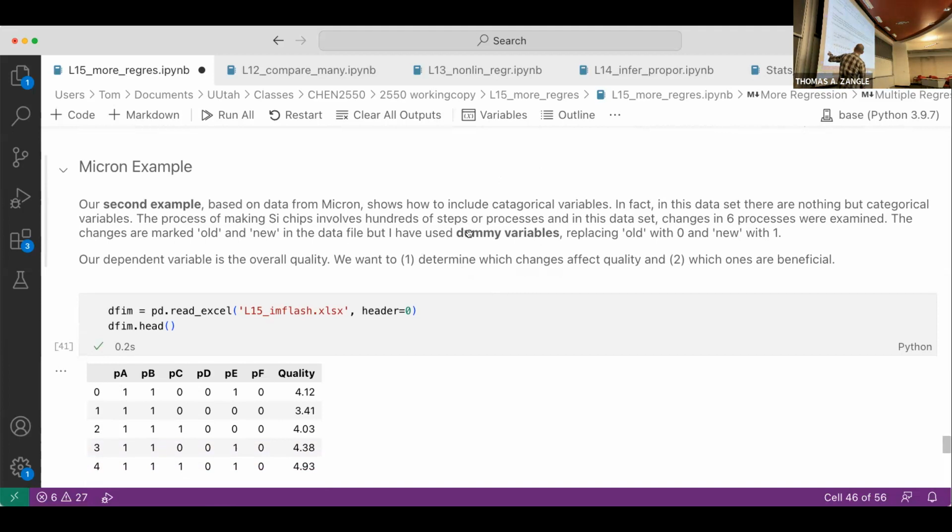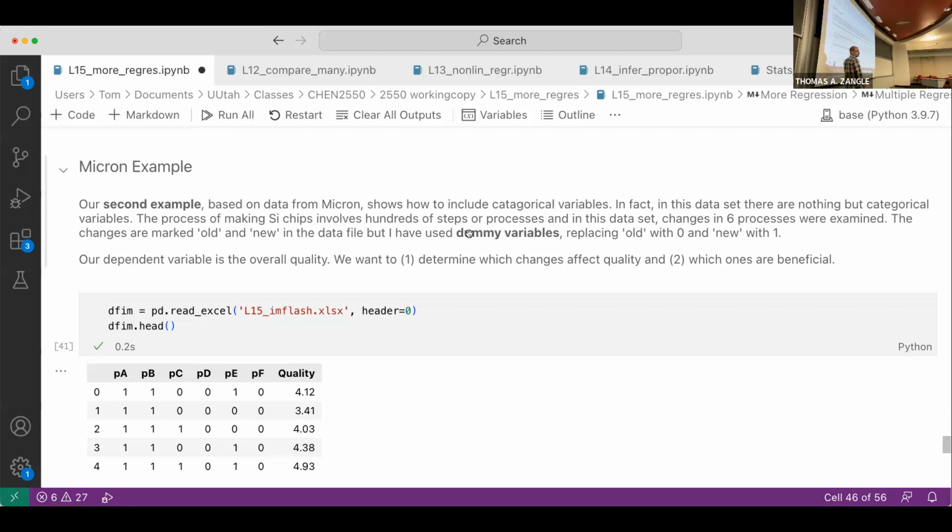And all we have on the processes are, again, this categorical data of saying whether we use the old process or the new process. So old is 0, new is 1. And let's say you as the engineer at Micron are now tasked with identifying what to do, right? Which processes should you replace?